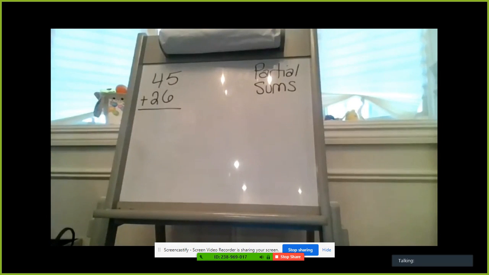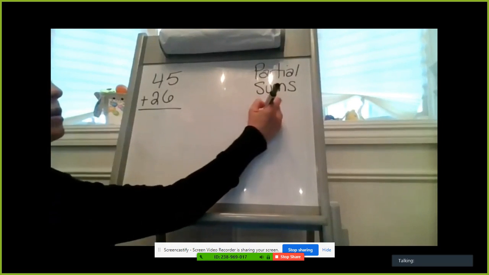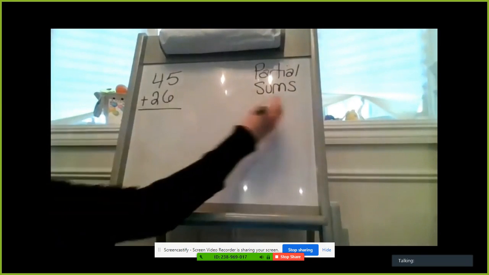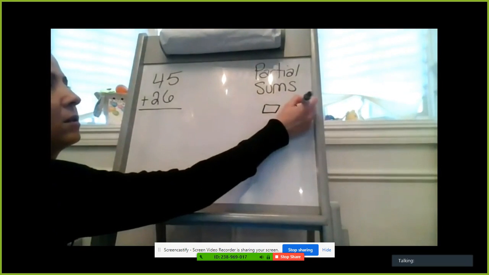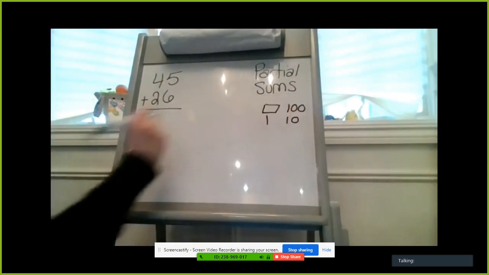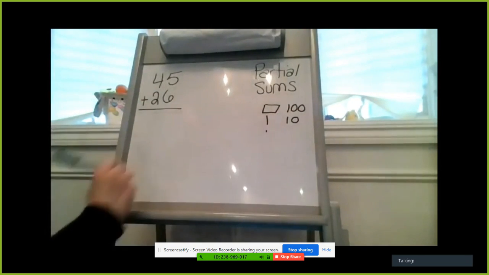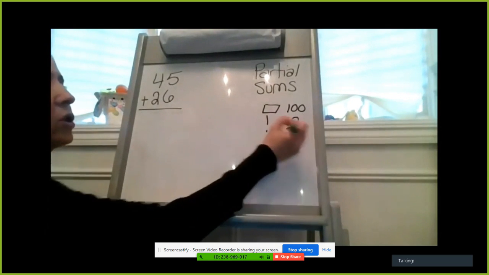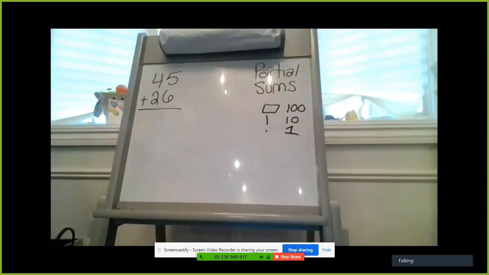So remember base 10 blocks shorthand, where that means hundreds, this means tens, and this means your ones, right, your cubes. So we're going to do base 10 shorthand to solve this problem.